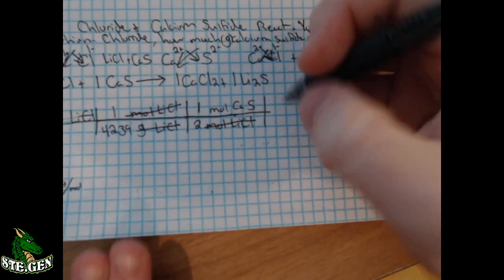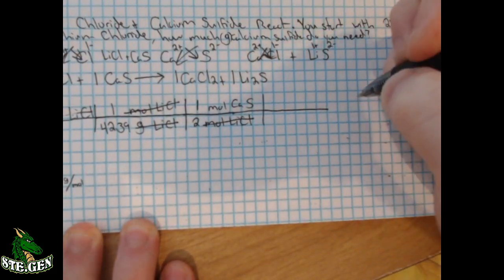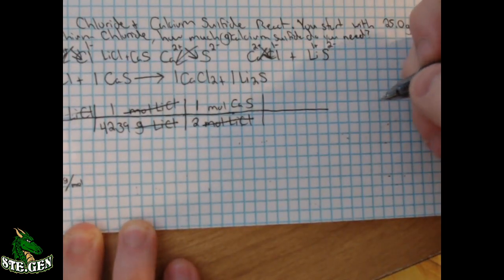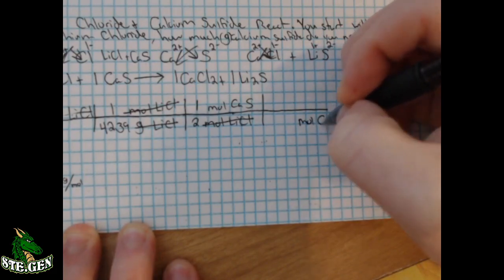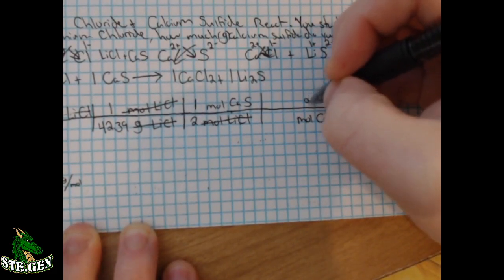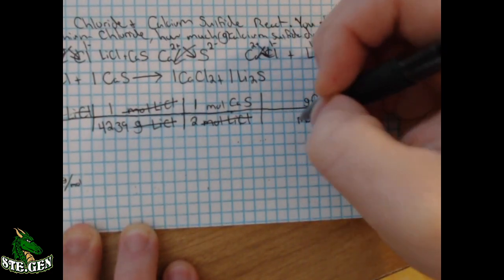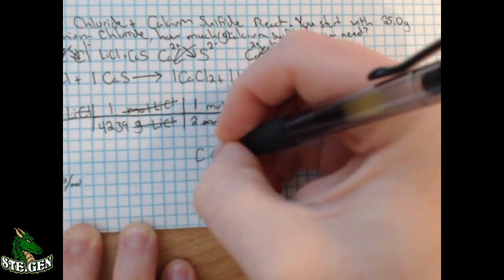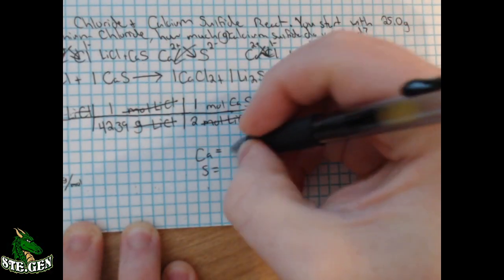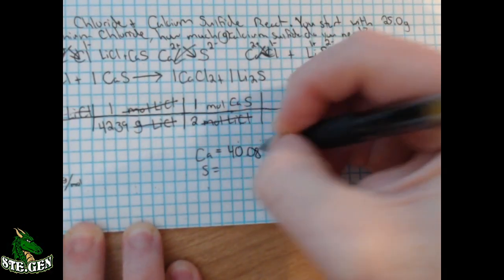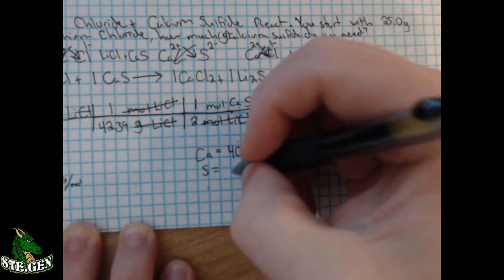So for our last step, can we go from moles of calcium sulfide to grams of calcium sulfide? Yeah, we've been doing that already. So we can put moles of CaS on the bottom, and we can put grams of CaS on the top. And then we'll just need to add up our masses from the periodic table. So calcium on the periodic table is 40.08, and then sulfur is 32.06.